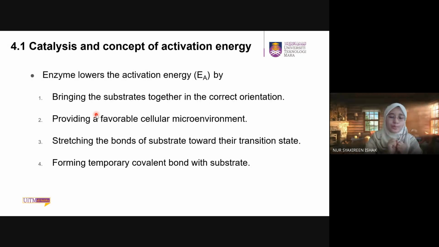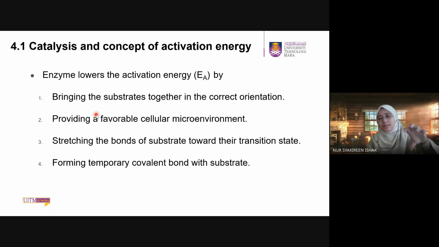Two, provide a favorable cellular microenvironment to aid in the enzymatic reaction. Third, stretching the bonds of the substrate towards their transition state.